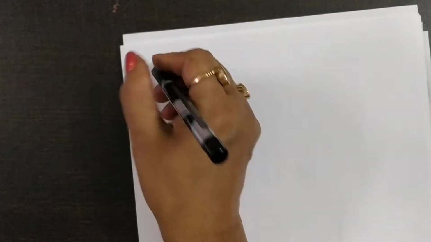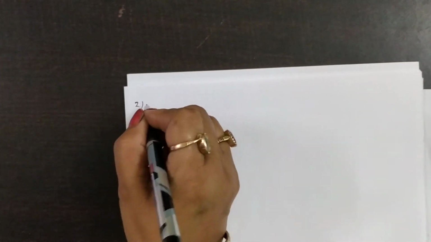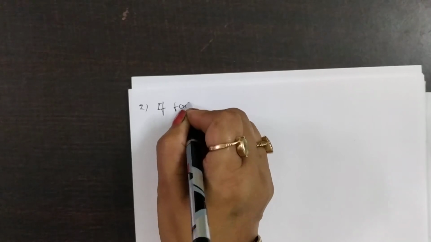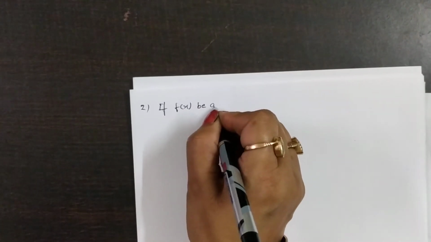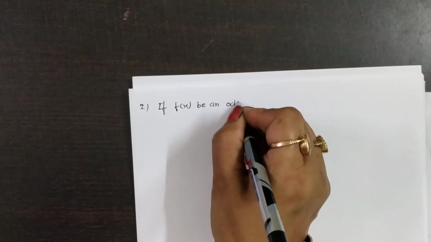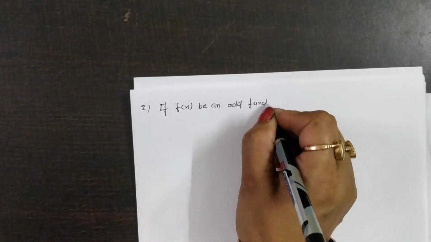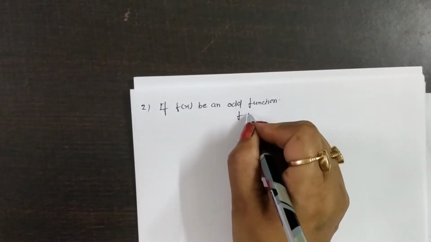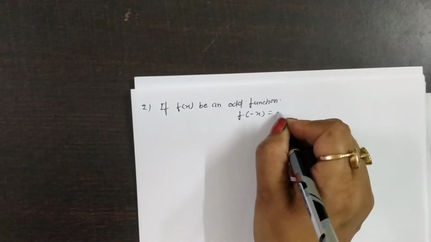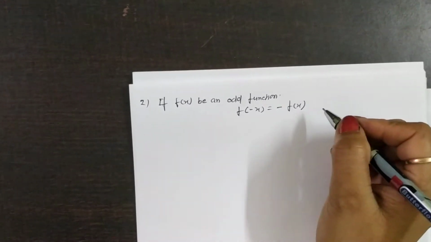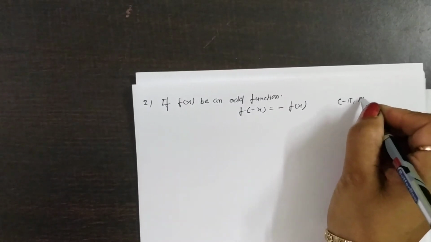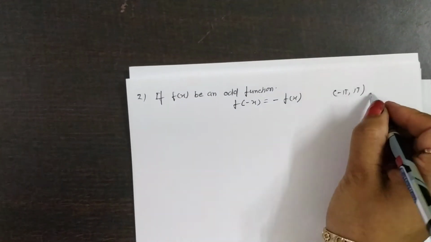Now the second one. If f of x is an odd function, then you get f of minus x equal to minus f of x in the interval minus pi to pi.